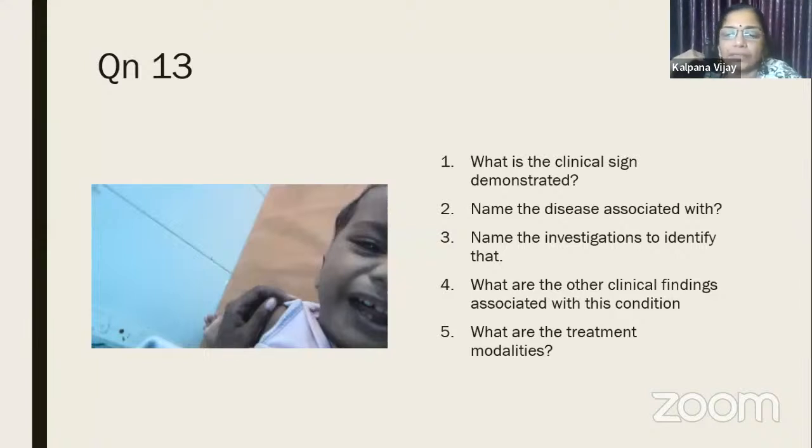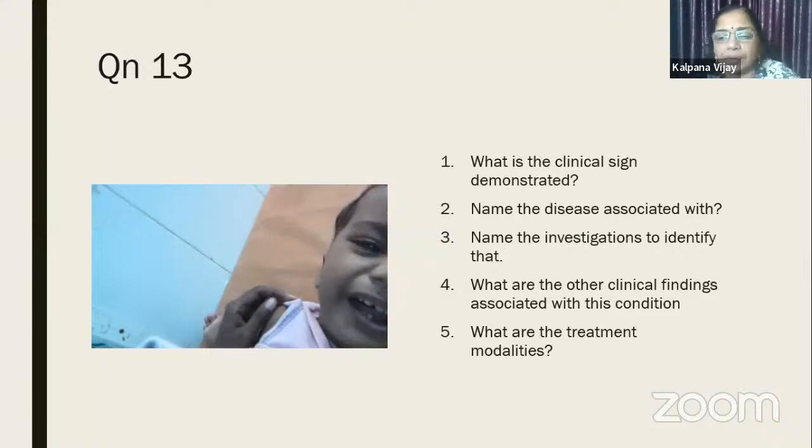What are the other associated features other than opsoclonus? Somebody has written it as OMA. What is OMA? It is opsoclonus, myoclonus, and ataxia. So there is ataxia, there is myoclonus of the upper limb, and opsoclonus.